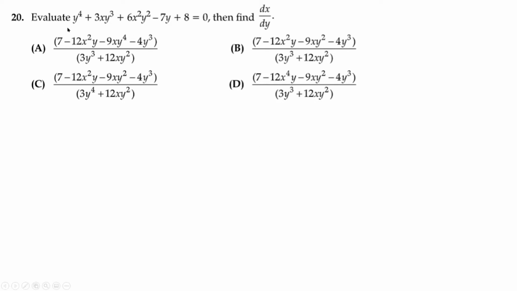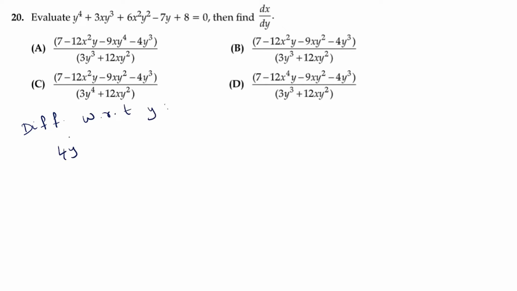Next question, evaluate this function: y raised to 4 plus 3xy cube plus 6x square y square minus 7y plus 8. Find dx by dy. So we have to find the derivative of x with respect to y. So we differentiate this with respect to y.